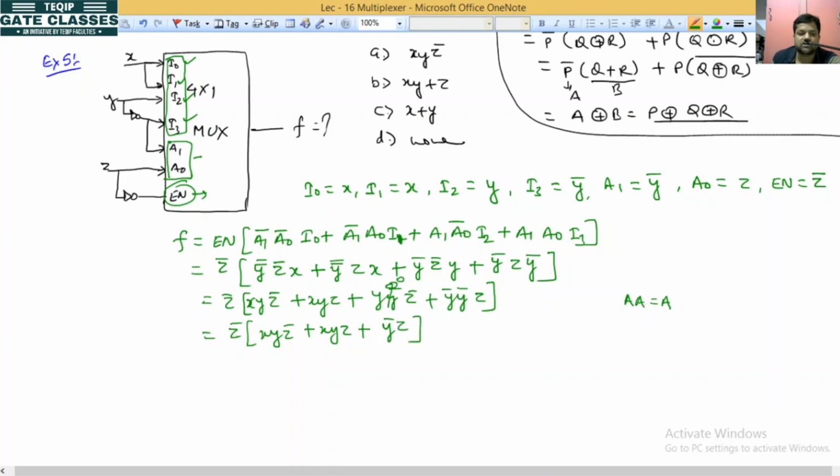Now multiply this z bar with all these three min terms, so we get x y z bar plus x y z bar plus y bar z bar. If you see here, this will be z bar z is 0. Here we also have z bar z, so 0. So which option is x y, and here z bar means only one z bar. So which option is correct? Option number A.